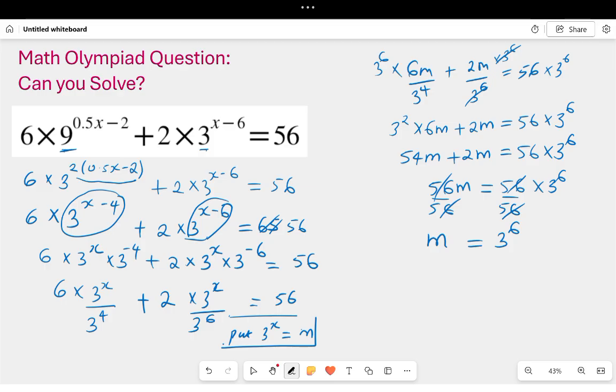Remember, we did put 3 to power x to be equal to m, so instead of m, we'll replace it with 3 to power x is equal to 3 to power 6. Now we cancel out the bases, then our answer in this case is going to be x is equal to 6. And that is the final solution.